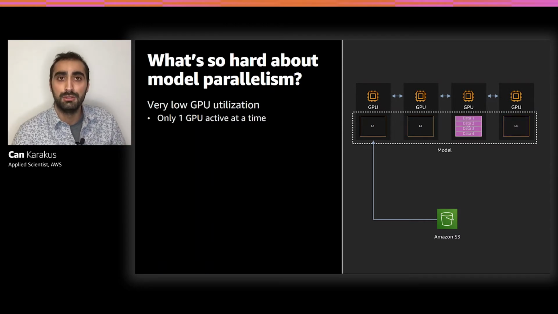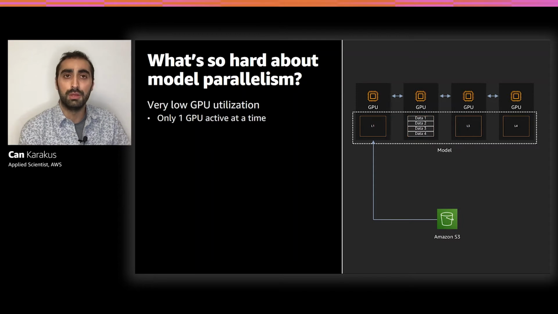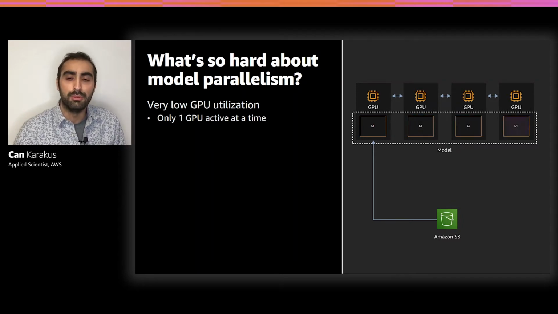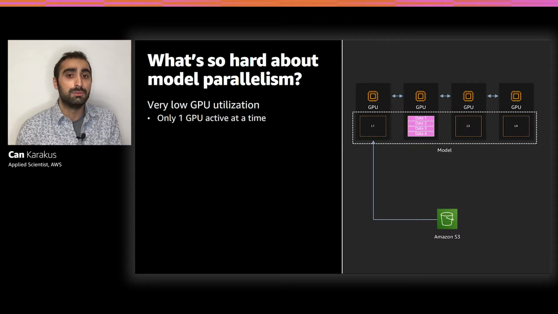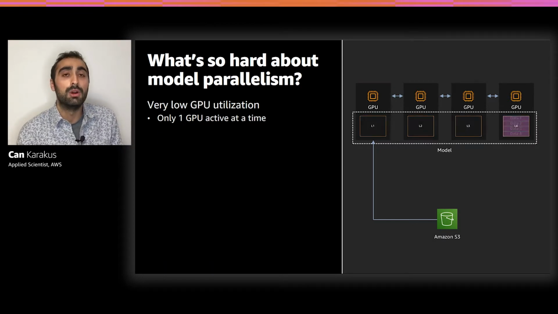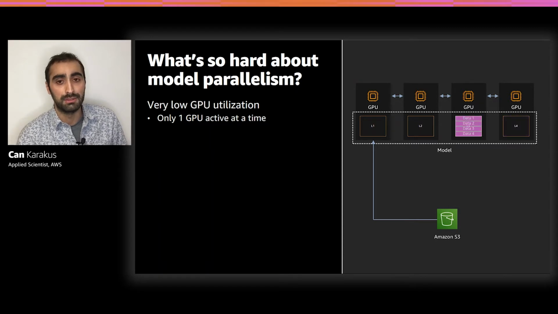Every operation needs its input from another operation to be able to start executing, so this is not a very parallelizable type of computation. As a result, we run into this issue of low GPU utilization where no matter how many GPUs we put in the system, only one of them actively works at a given time.